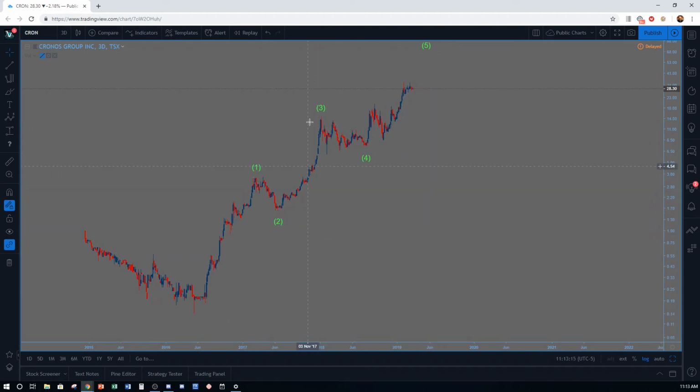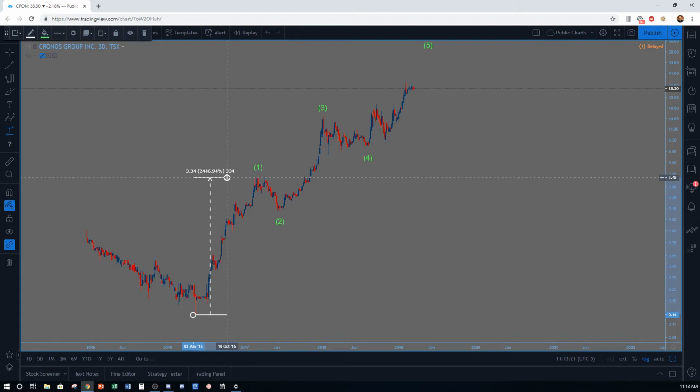Now you might say, well, your 3 is too short. Well, in terms of price, it is not anywhere near too short. Our price change in the wave 1 is $3.34, and our price change in the wave 3 is 13 bucks. Why does it look so much different? Because I'm on log.